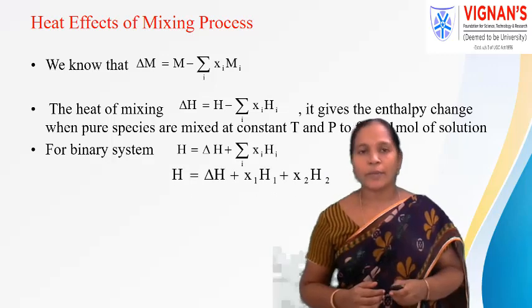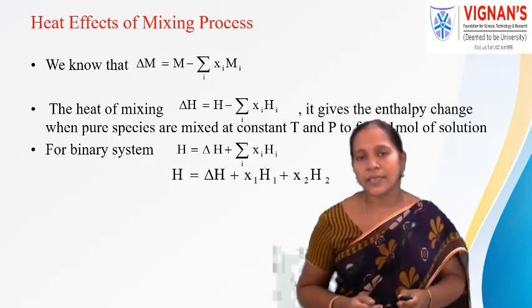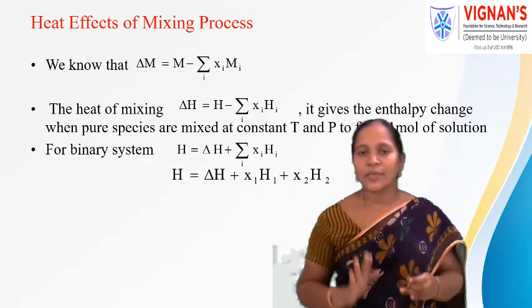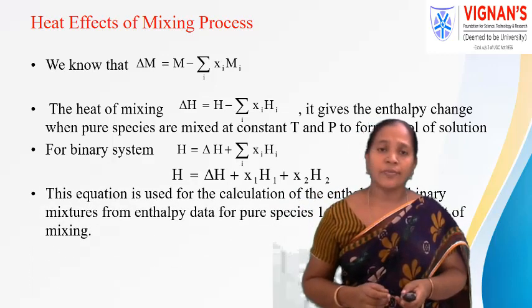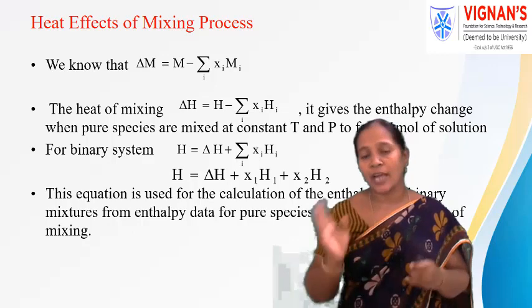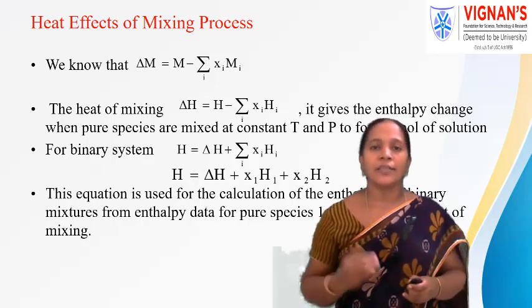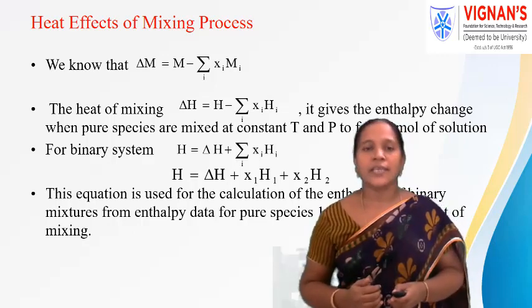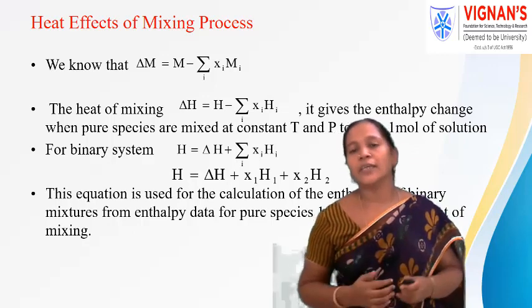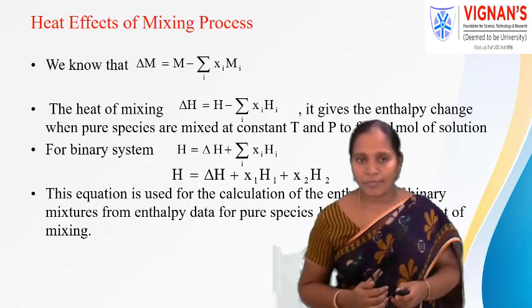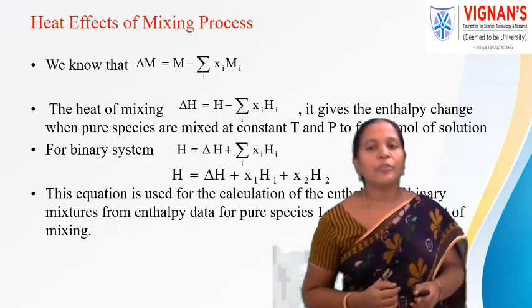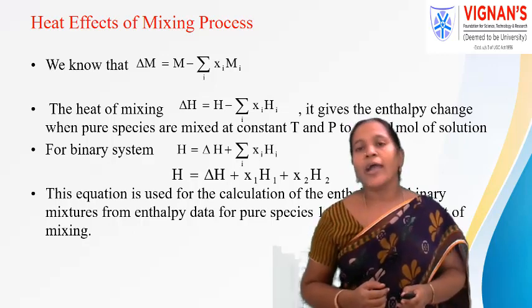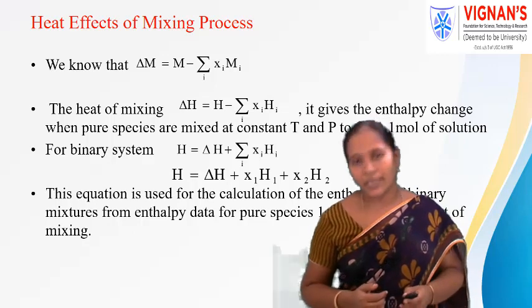Therefore, for a binary mixture, H is equal to delta H plus X1 H1 plus X2 H2. These formulas are helpful for solving the problems in this chapter. This equation is used for calculation of enthalpies of binary mixtures from enthalpy data for pure species 1 and 2 and from heat of mixing.